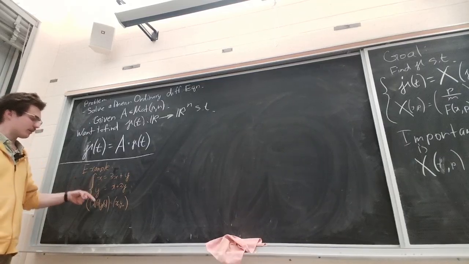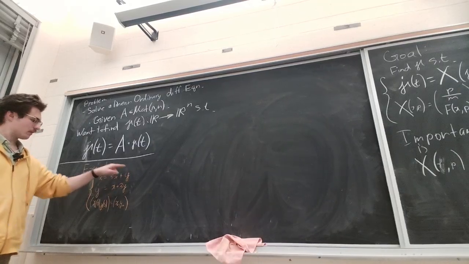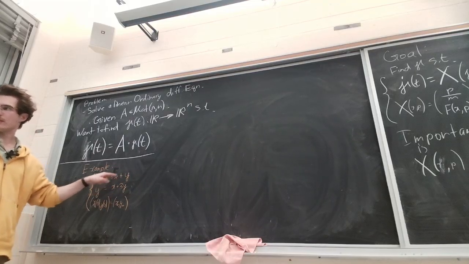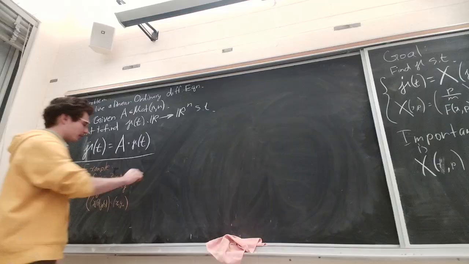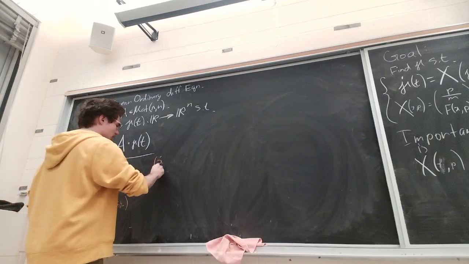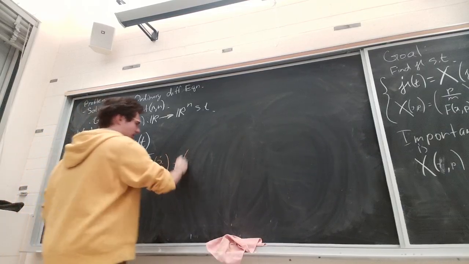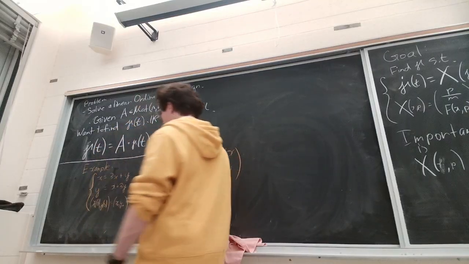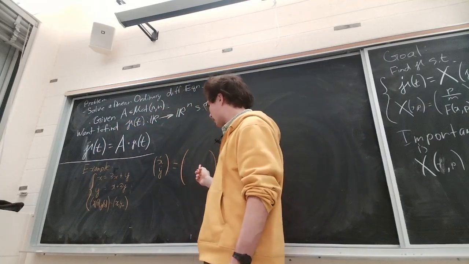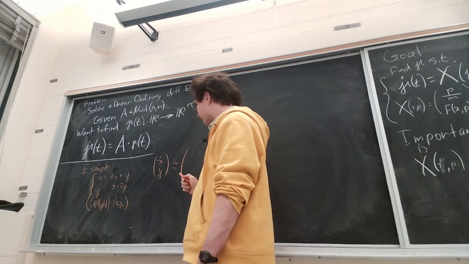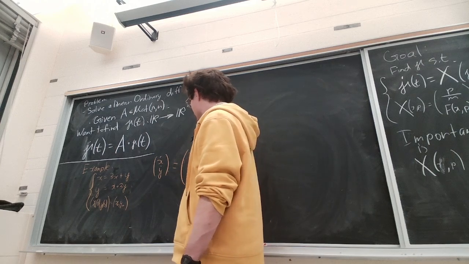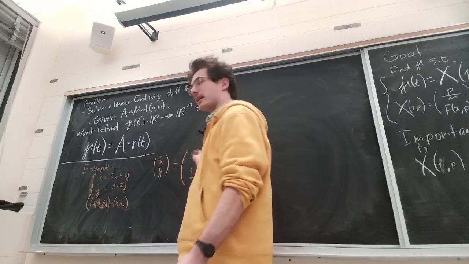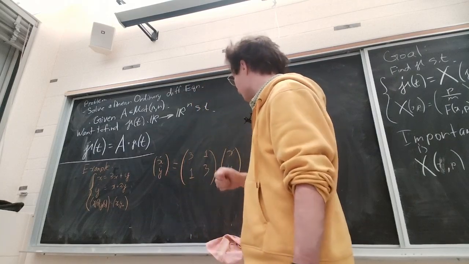This is a linear system, so I can write this as a matrix. This should be x dot, y dot equals some matrix applied to x, y. What is this matrix? Can people tell me? 3, 1, 1, 3. Okay, beautiful. That's correct. Great matrix.